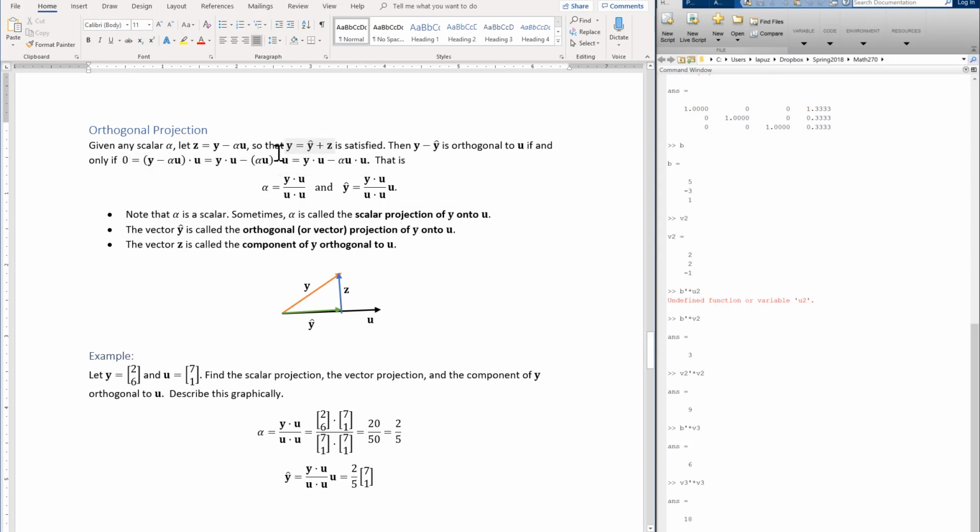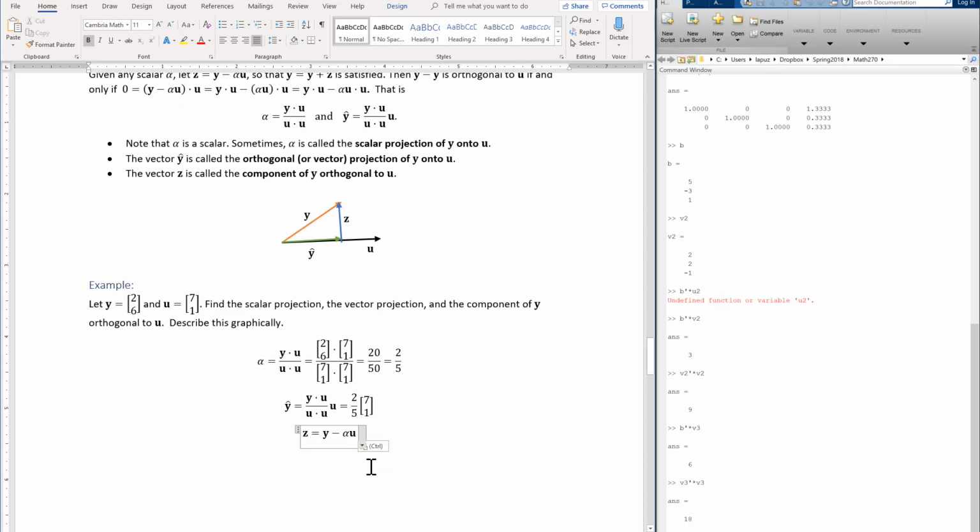So z is equal to that, and y is equal to 2, 6, and then we found y hat, which is equal to this. So I suppose we can work this out, but we can just keep it like this for now.